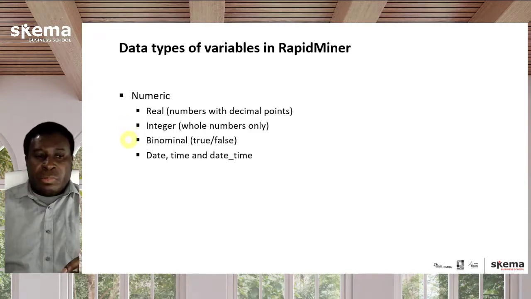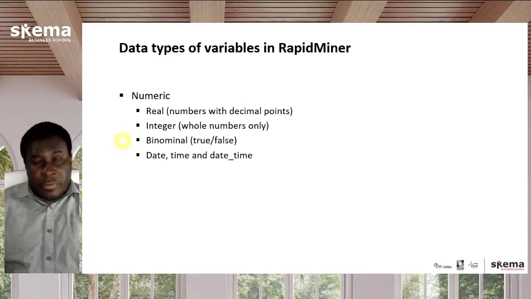The next type of numeric type is binomial, and this binomial, bi means two and nominal, two names. It means something that has one of two values, and this represents true or false. It's a binomial type, and you might wonder how is that a number?